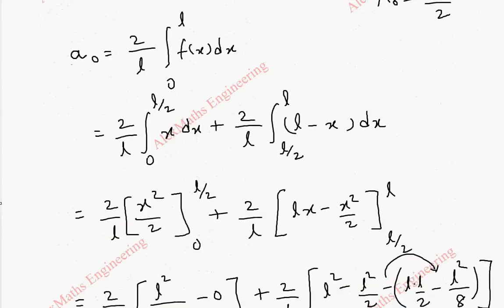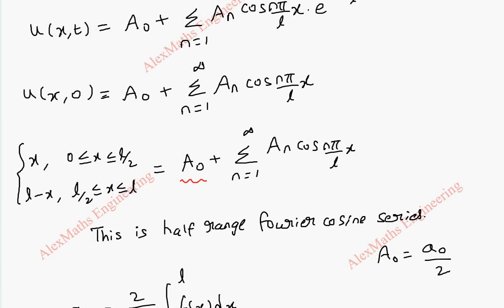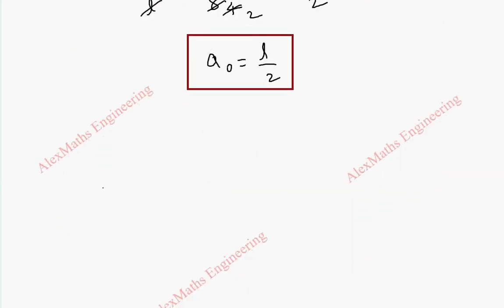And we have the constant an in the summation. This an is actually small an as per the Fourier series formula. So an equal to, again by formula, 2 by L integral 0 to L f of x into cos n pi by L x dx.